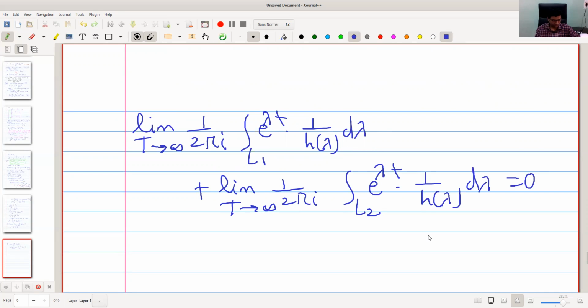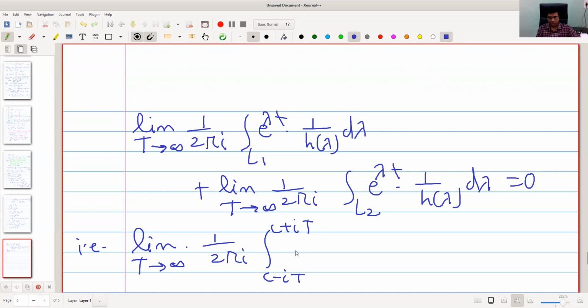Okay. So this is nothing but, what is meant by integral along L1? Let us see. The limit as t tends to infinity of 1 upon 2 pi i along L1 means from c minus it to c plus it.